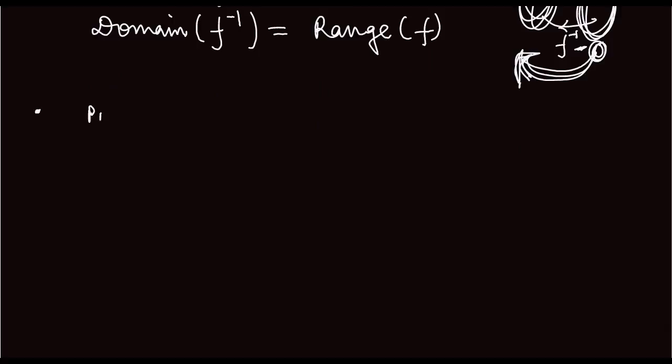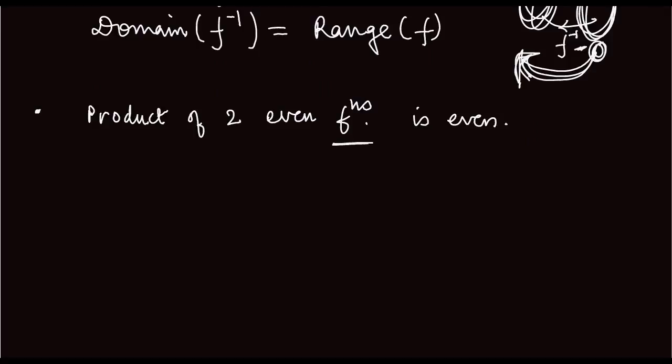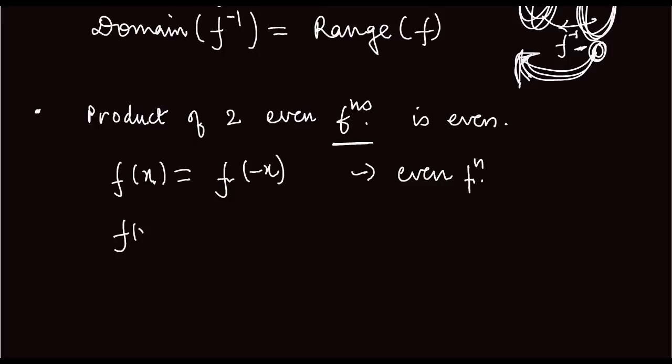And one more point we have, that is product of two even functions is even. An even function, you know, is one where f of x equals f of minus x.